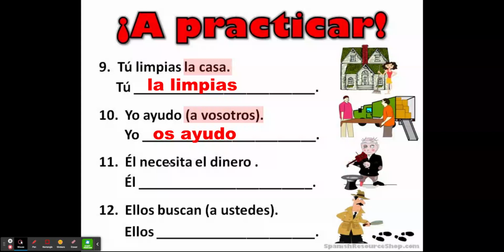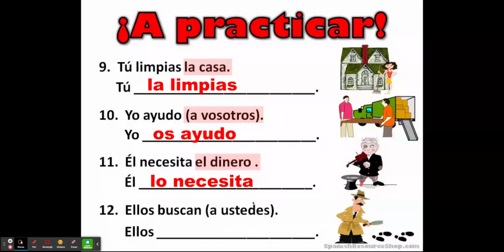Let's take a look at the next one. Él necesita el dinero. Now, el dinero is the money. He needs the money. Lo necesita. Él lo necesita. This is the simplified sentence. Ellos buscan a ustedes.